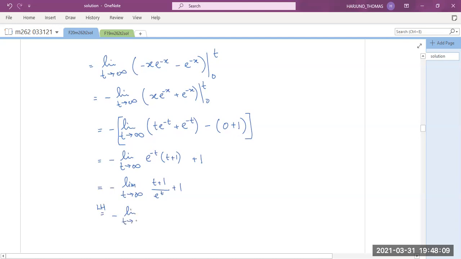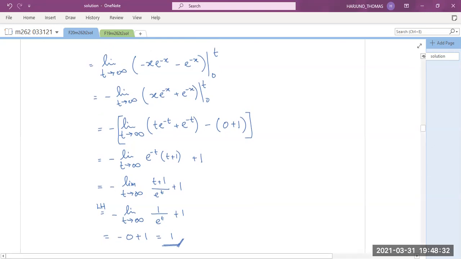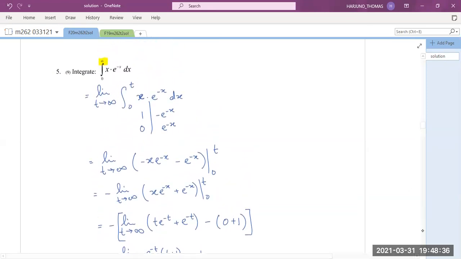Long time no see, but you need to know that. That's negative 0 plus 1, which equals 1. Okay, that's for this question here, number 5.